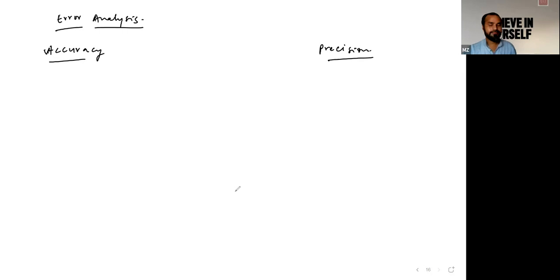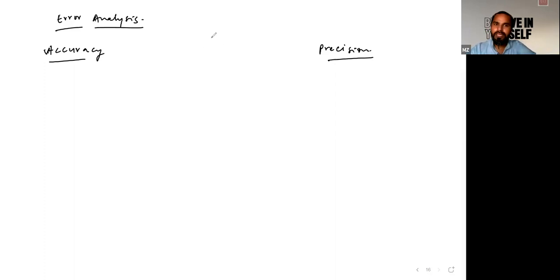Anyone of you? Yes, accuracy is the closeness of the measured value to the true value. Good. And what about precision? It is the extent to which a calculation is done. Okay, good.